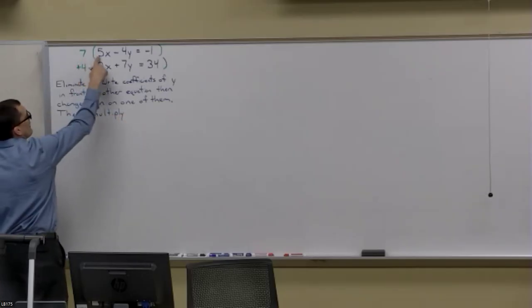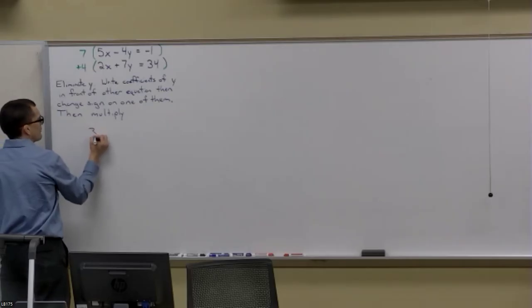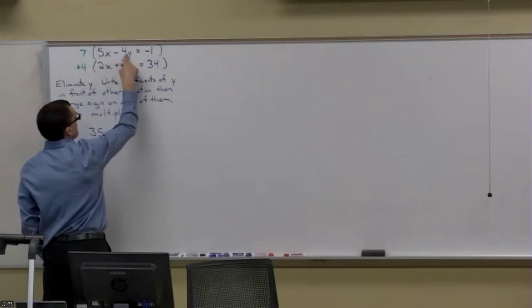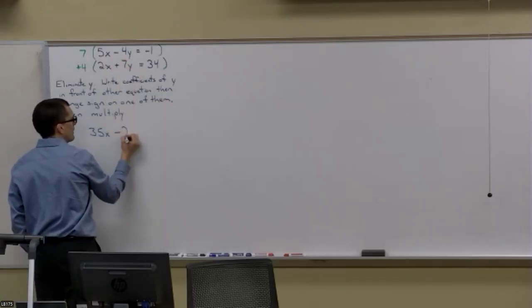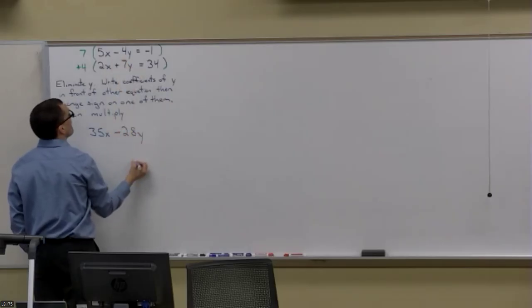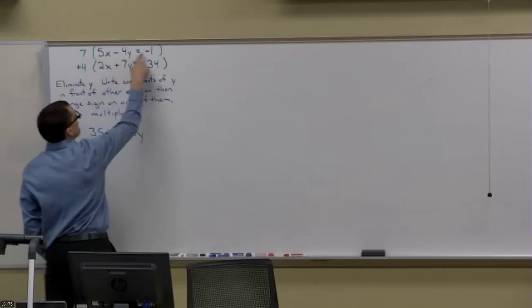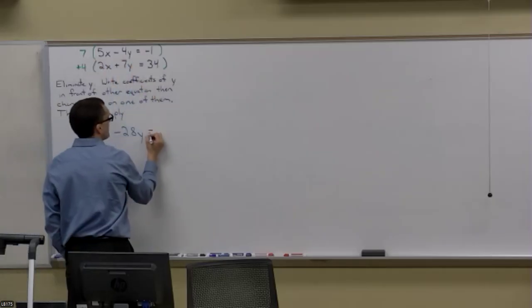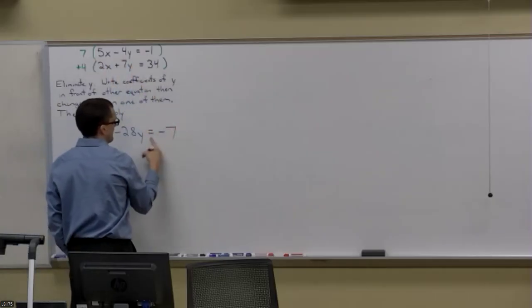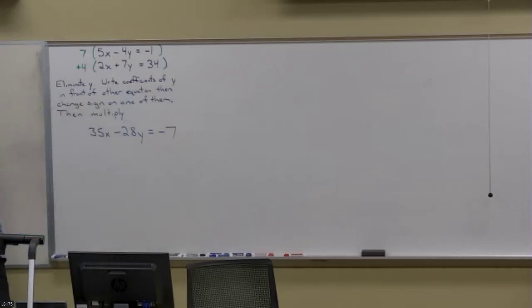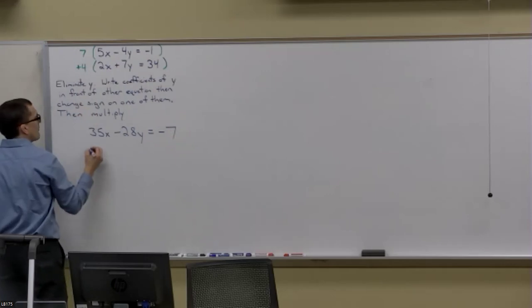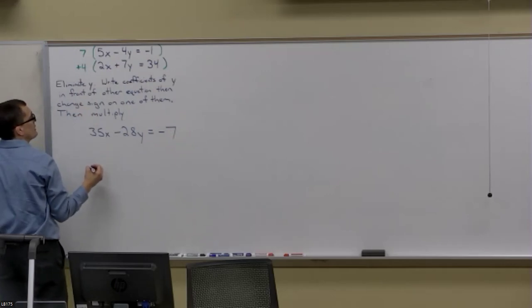So I'm going to do 7 times 5x, that's 35x. 7 times -4y, that's minus 28y. 7 times -1, that's a -7. And I keep the equal sign in place where it's at. Then I multiply 4 into each term of the second equation.